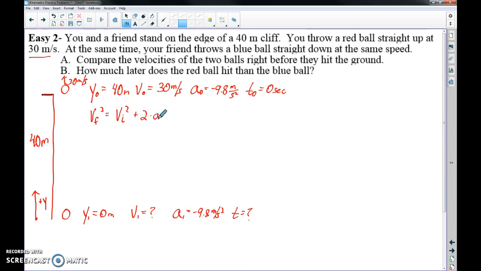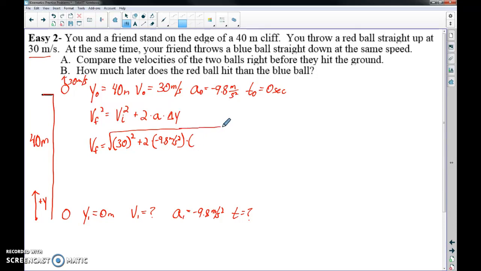So to solve for my velocity, I'd use this equation: final velocity squared equals my initial velocity squared plus 2 times my acceleration times my displacement. If we plug in our values here, my final velocity is going to be equal to the square root of my initial velocity, positive 30, squared, plus 2 times negative 9.8 meters per second squared, times my displacement.